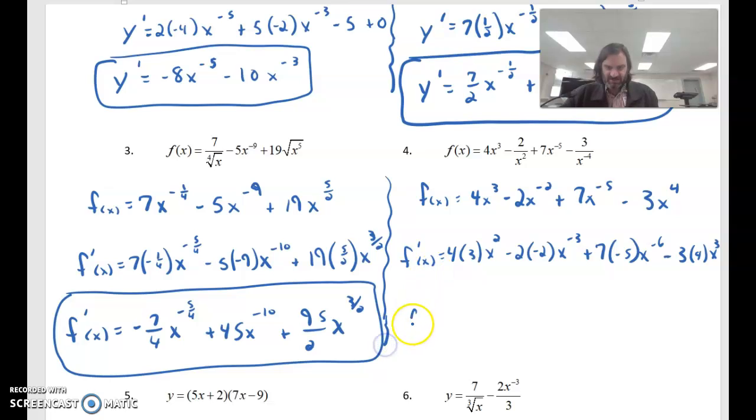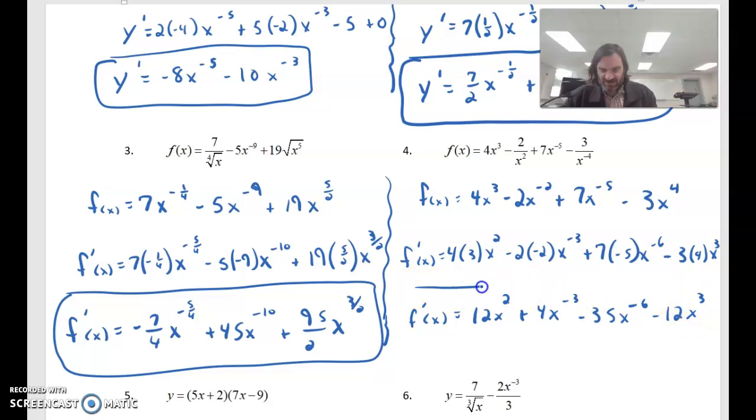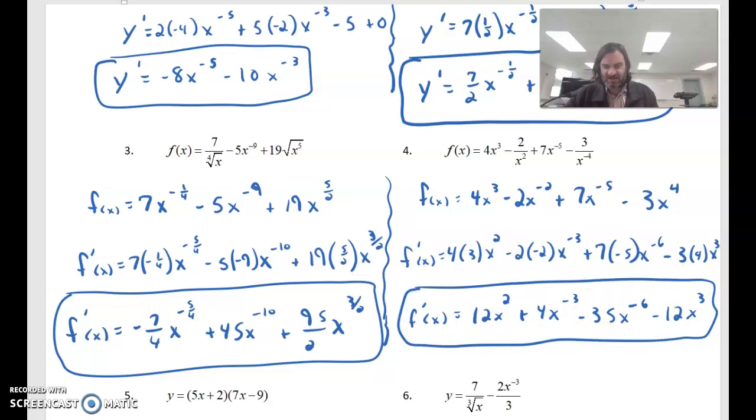Alright, so the derivative here when I clean it up, 12x squared plus 4x to the negative 3 minus 35x to the negative 6 minus 12x cubed. Repetition should help us get a pattern down.